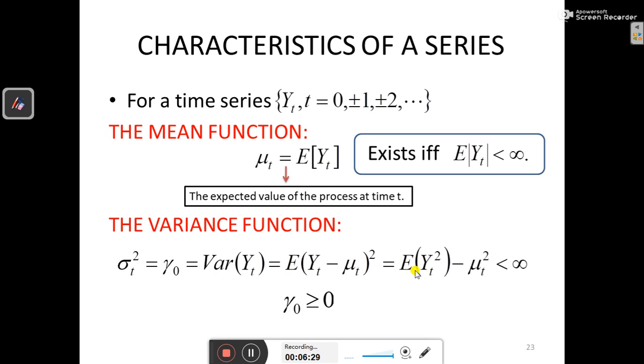It equals the expectation of yt minus mu t squared, which should be less than infinity. Total variance should be greater than or equal to 0, and less than infinity.